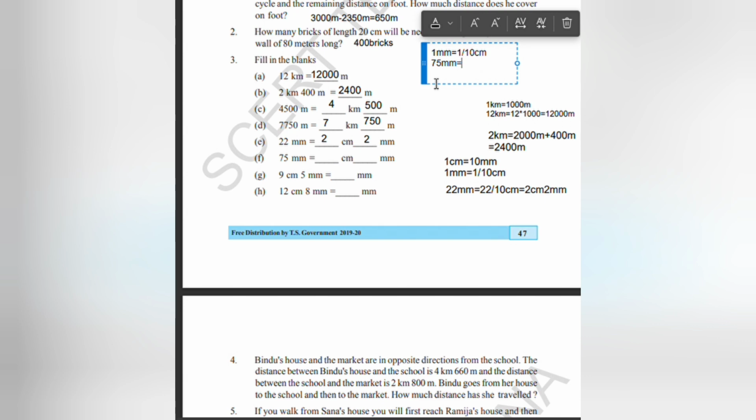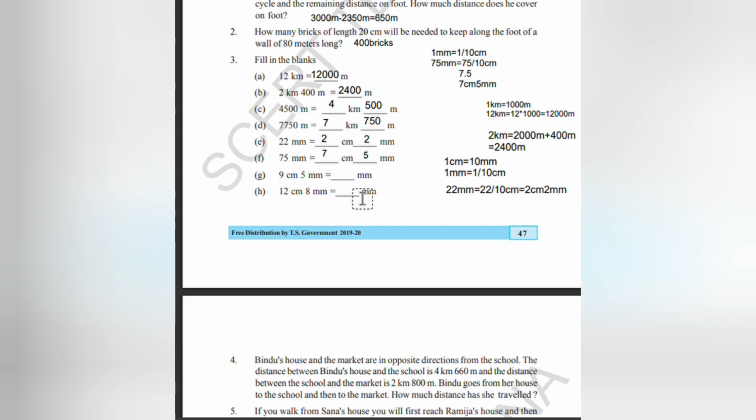That is equal to 75 by 10 centimeter. So what will we write here? We'll write 7.5, which is equivalent to 7 centimeter 5 millimeter. Okay, so write here as 7 centimeter and 5 millimeter.